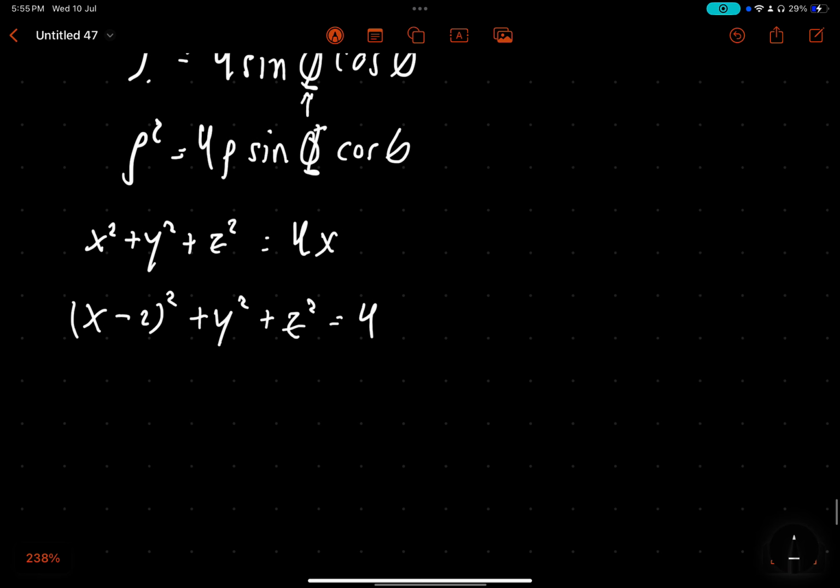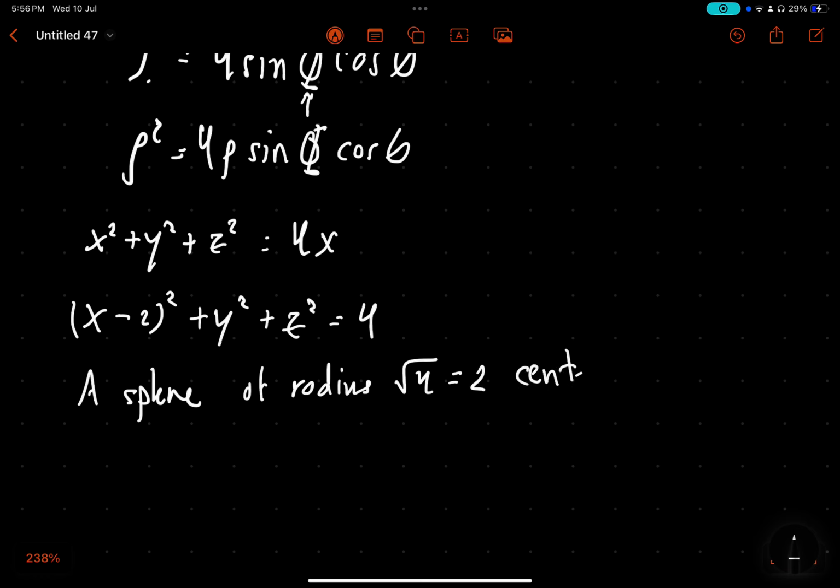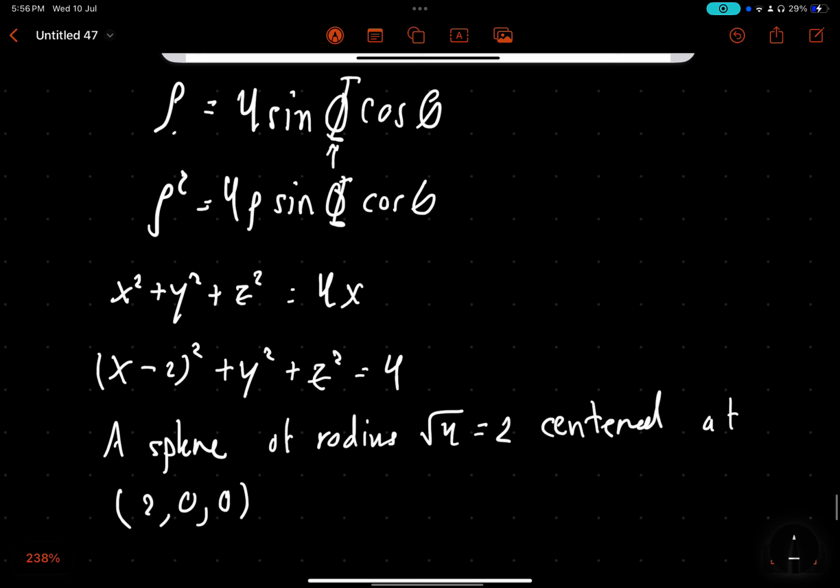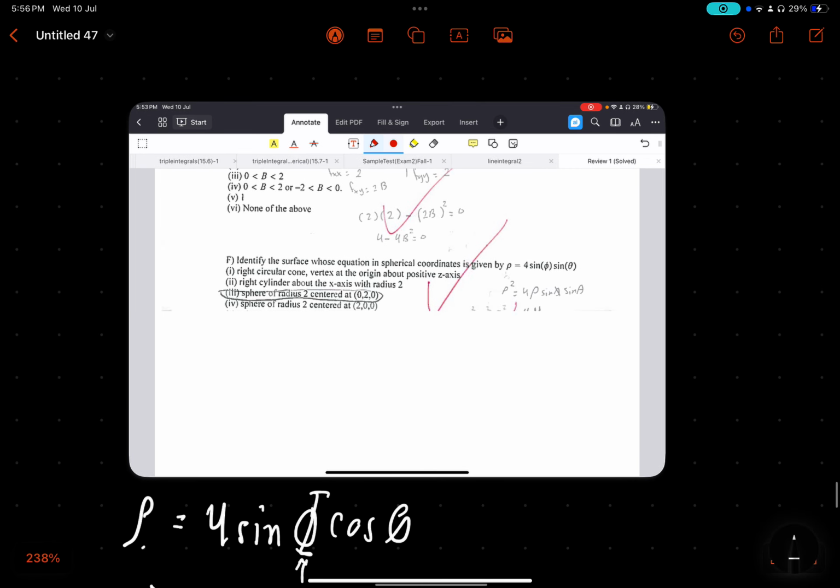And that's basically a circle, or a sphere, not a circle, a sphere of radius square root of 4 equals 2, centered at 2, 0, 0. Huh. Oh, so it's a sine here.